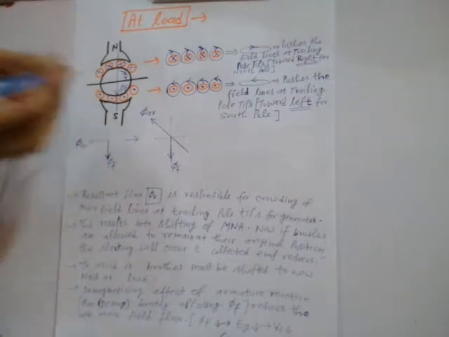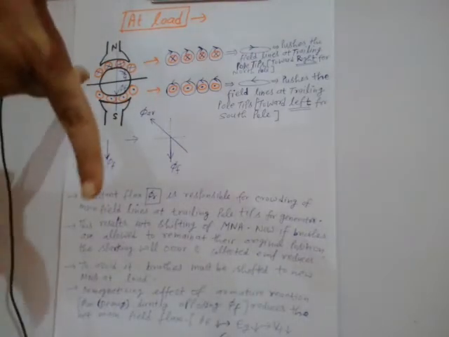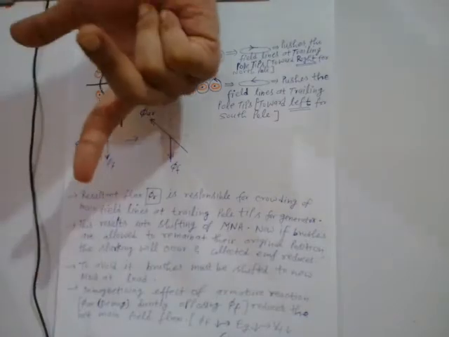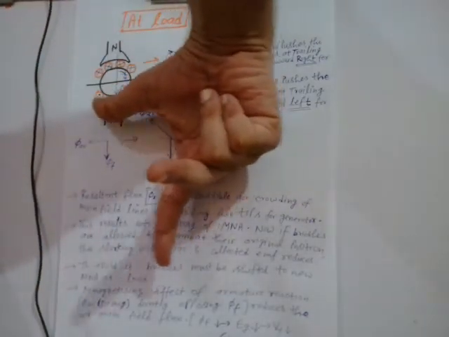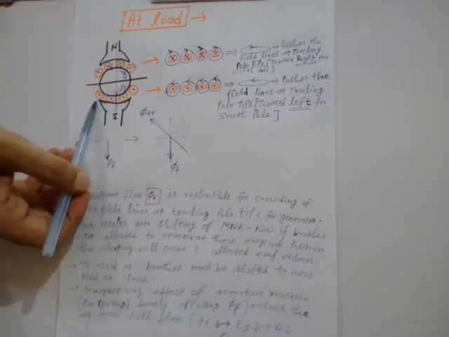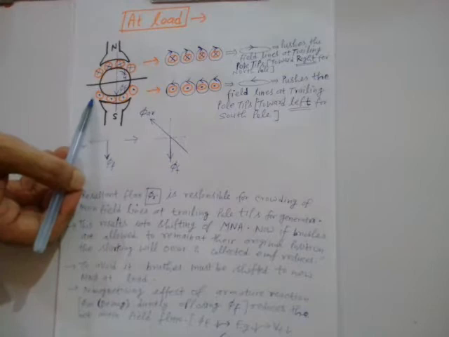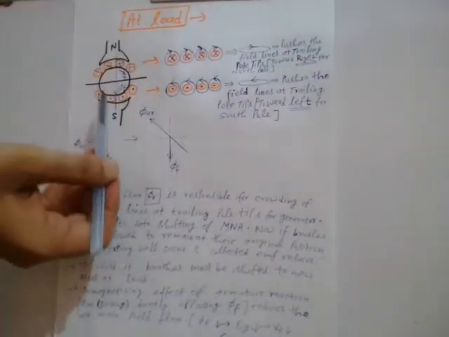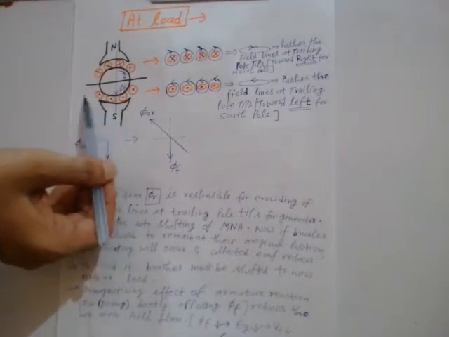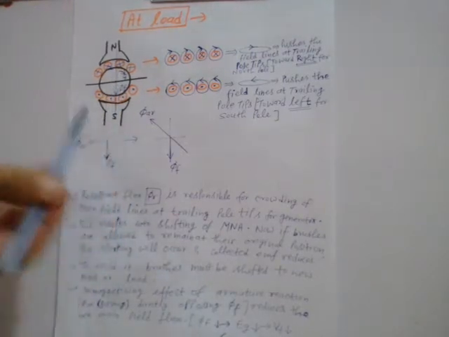Can you apply? It's very easy. Your thumb is like this in the direction of motion. If you analyze this particular rotor conductor, its motion is tangentially clockwise like this. This is the direction of the thumb, and field lines are from north to south.